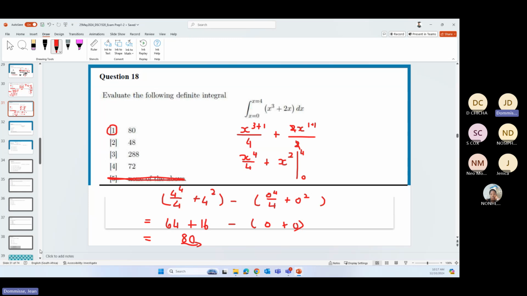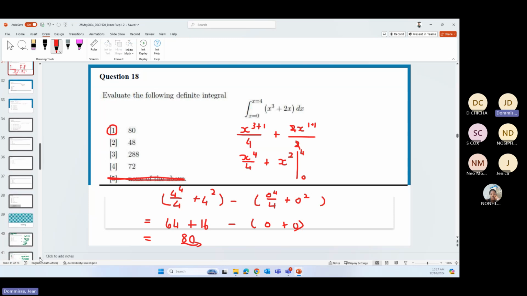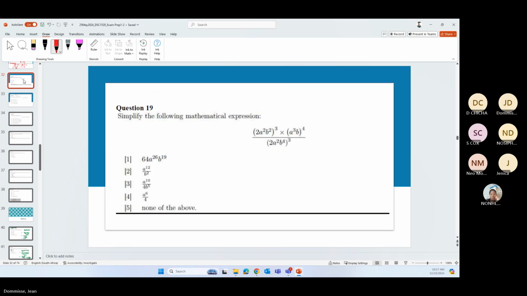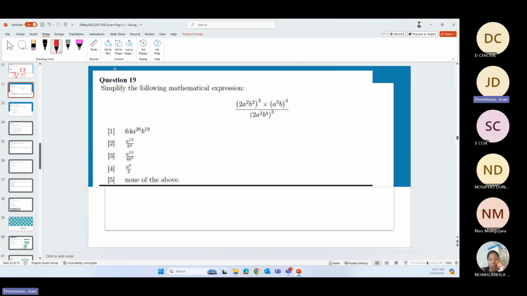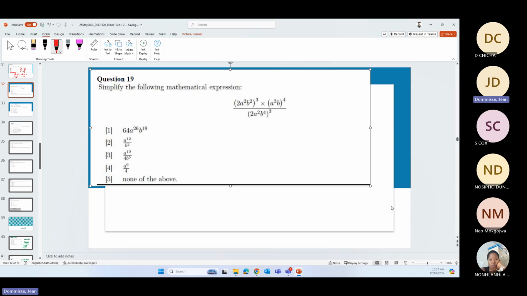Okay, so let's go into the next one and see what we have here. See, again, from integration now into solving the equation that again is part of that last component.